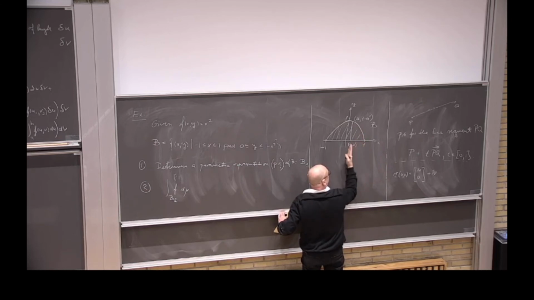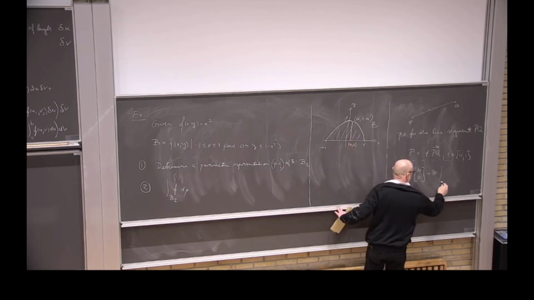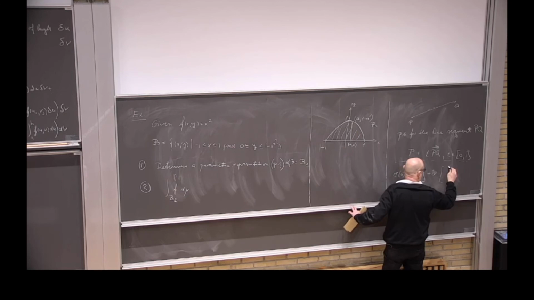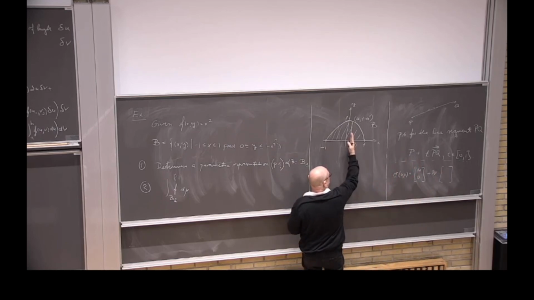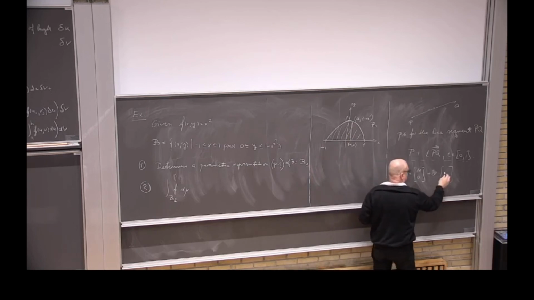You can see it's a vertical vector. You see the first coordinate for this vector here is 0. It's vertical.